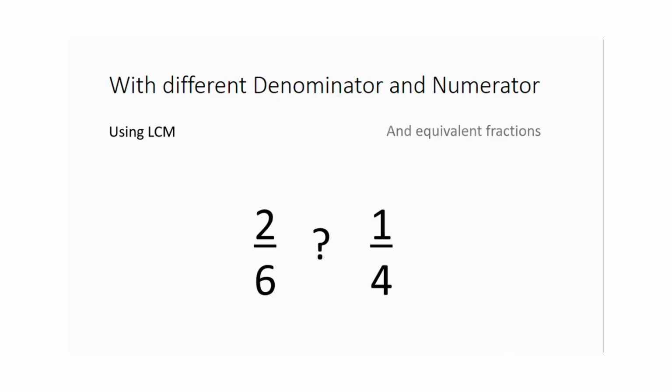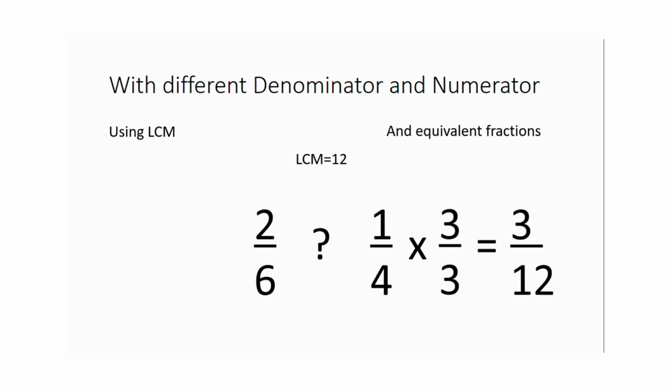So using lowest common multiple and equivalent fractions, 2/6 versus 1/4, the lowest common multiple is 12, because 6 goes into 12 twice and 4 goes into 12 3 times. So we're going to times 1/4 by 3/3, and that equals 3/12, and times 2/6 by 2/2, and that is 4/12.